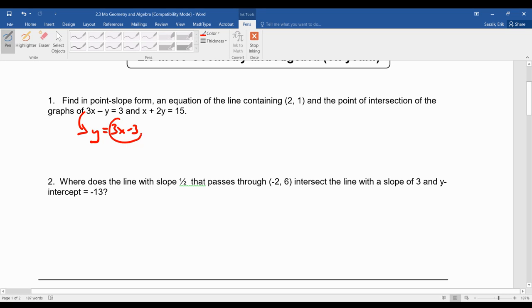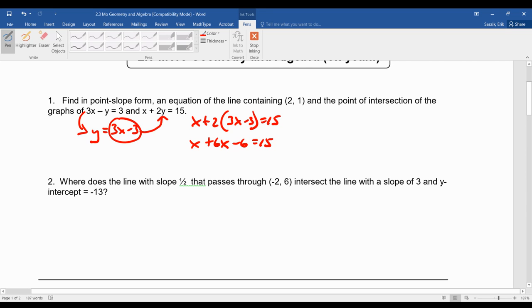And then I'm going to take that and stick it in there. So I'm going to rewrite the second equation as x plus 2, but y is now 3x minus 3. I'm going to do a little distribution.